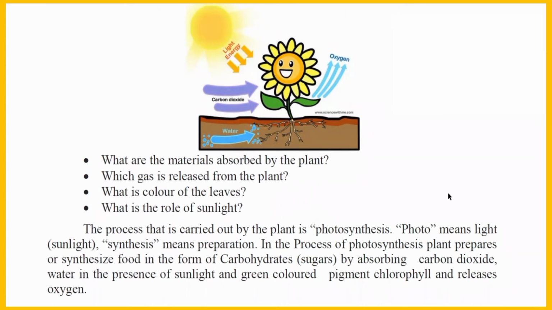Now when you see this picture, from the sun there will be light. From the atmosphere, carbon dioxide. Plants are taking the sunlight and carbon dioxide. From the ground, they are taking water. And here chlorophyll is there.